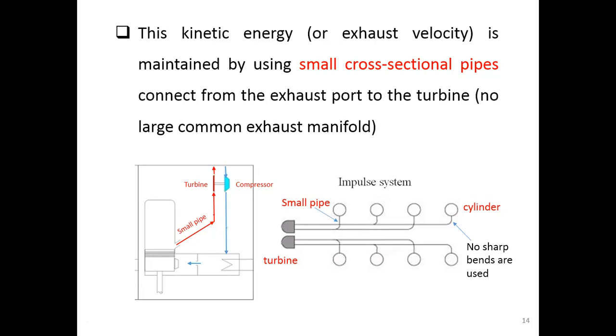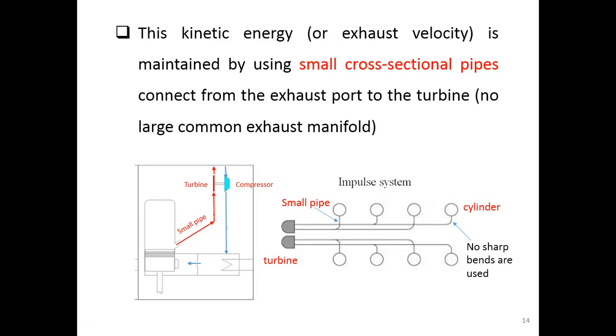The flow will not overlap with each other because we have a longer distance between these two cylinders. Same as the other cylinders here. The distance here is to prevent the exhaust flow from overlapping with each other.